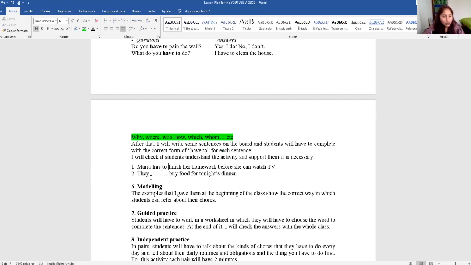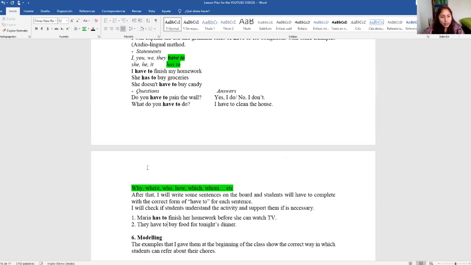And the second sentence is, they buy food for tonight's dinner. In this case will be, they have to buy food for tonight's dinner, right?